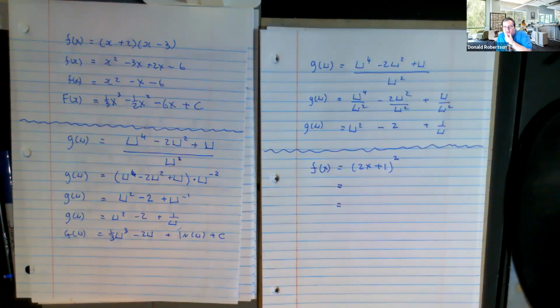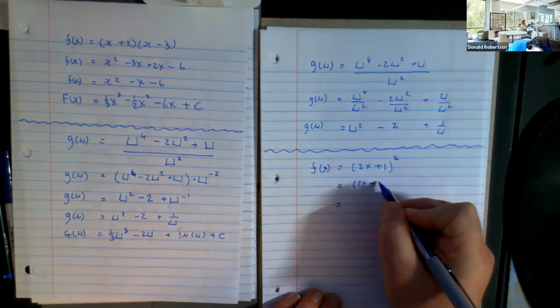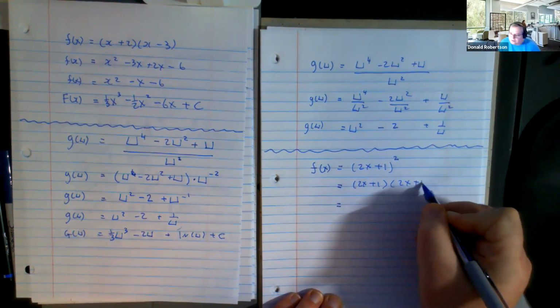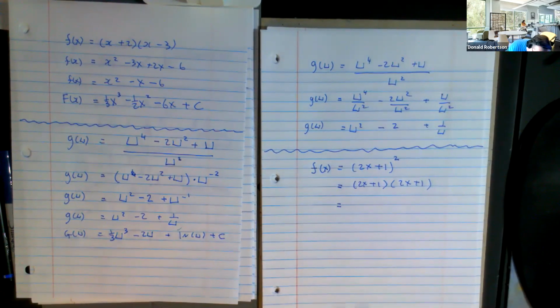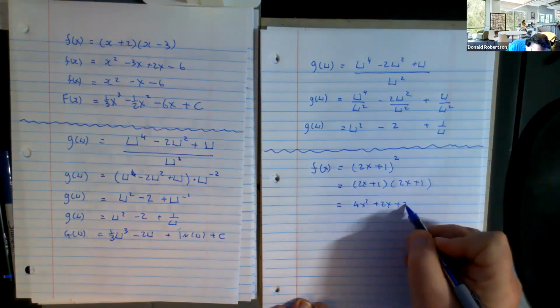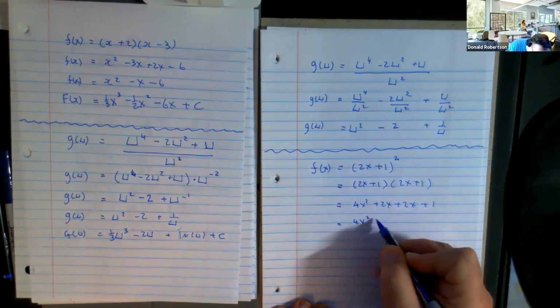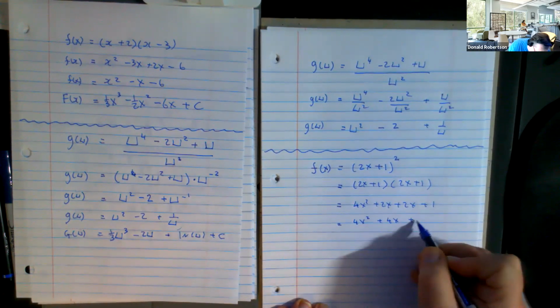Any ideas for a different way of writing that so I can use the power rule? And just FOIL it out again. Yes. It's really just the same guy times itself. And if you do a FOIL, you get 4x squared plus a 2x plus another 2x plus a 1. So you get a 4x squared plus a 4x plus a 1.